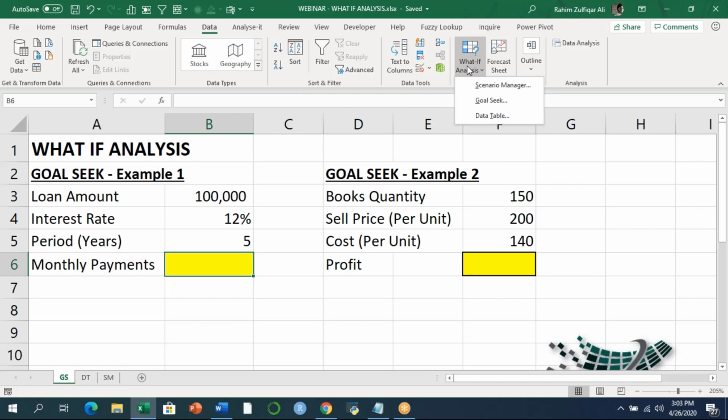Something like, what will our profit be if our sales increase, or what will be the future value of an investment if we increase the annual deposits? These are some of the common examples of what-if questions, and the flexible nature of spreadsheets makes them ideal for carrying out what-if analysis. And Excel provides a number of tools to simplify the process of dynamic models.